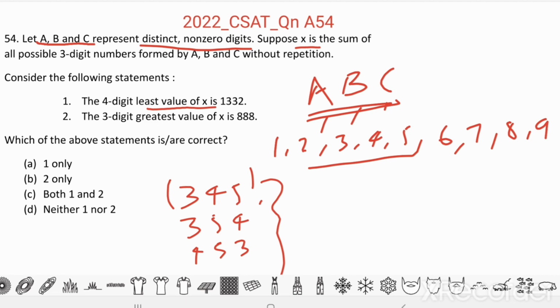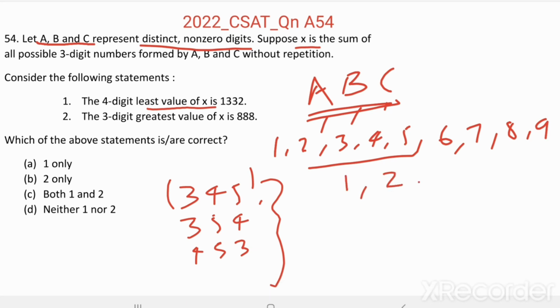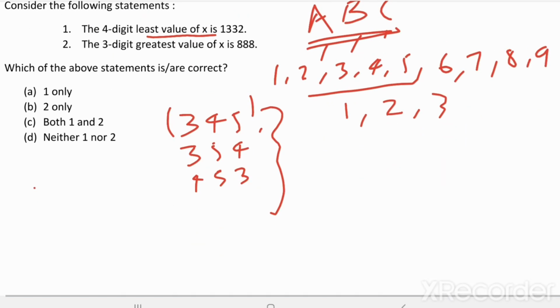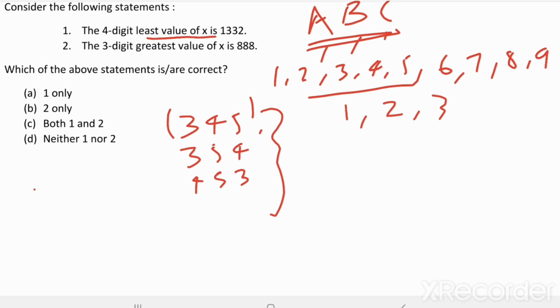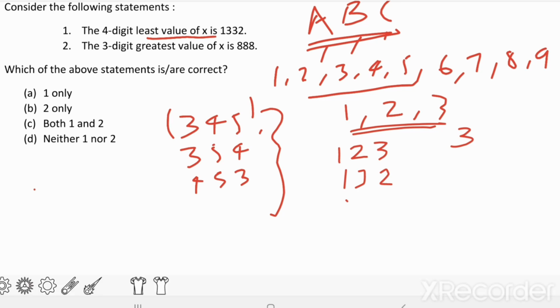Before finding the 4-digit least value, first find the least value of X. We get the least value of X when we choose the least digits, which are 1, 2, 3. So using these 3 digits, how many 3-digit numbers are possible? 1, 2, 3. 1, 3, 2. Total 6 numbers are possible because the total number of arrangements with these 3 digits is 3 factorial, and 3 factorial equals 6.